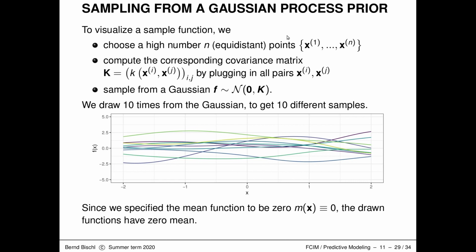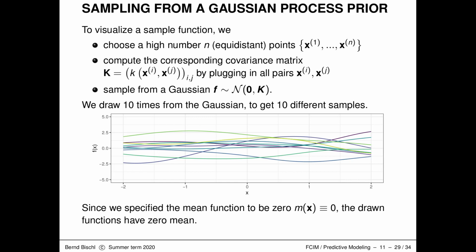Now, we enter all pairs of points into our covariance kernel K. So we put all of these xi's and xj's, for example, x1 and x1, x1 and x2, x1 and x3, x5 and x7, into our covariance function, and by doing that we compute our covariance matrix capital K.